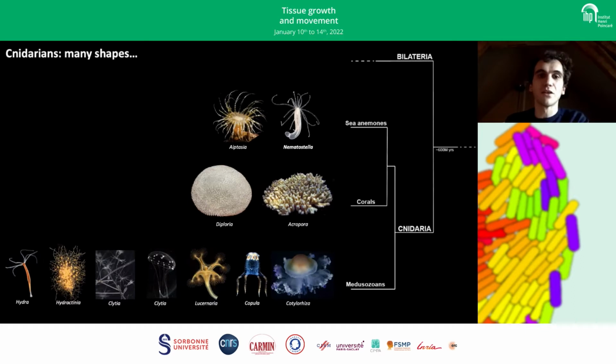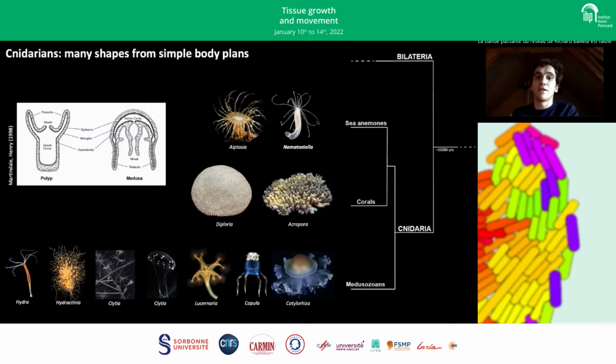There is a rich diversity of shapes within cnidarians. However, these shapes have a lot in common. They are acquired from just two basic body units throughout their life cycle, the polyp and the medusa forms.